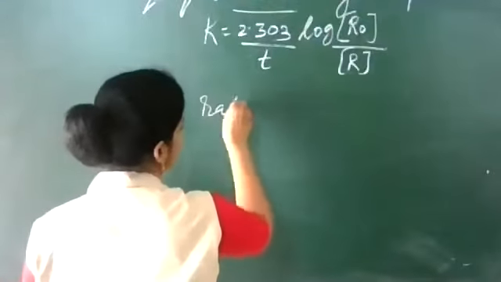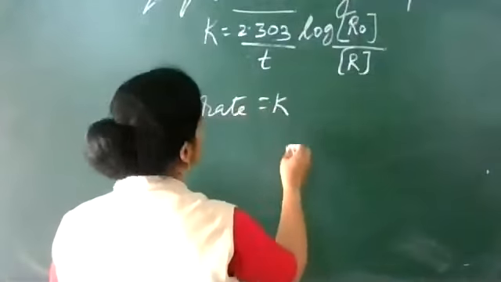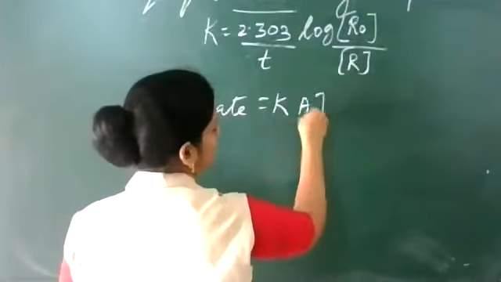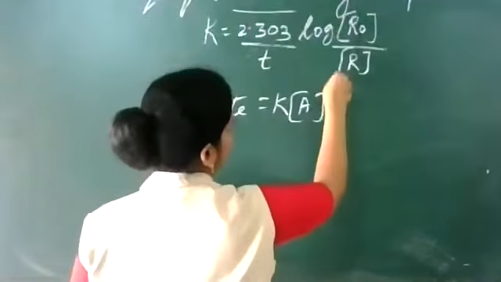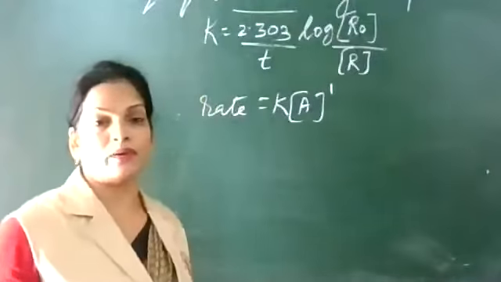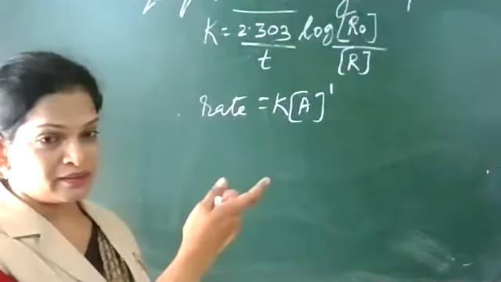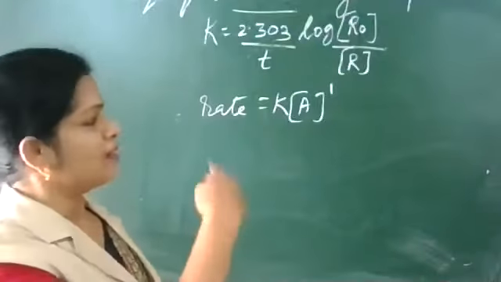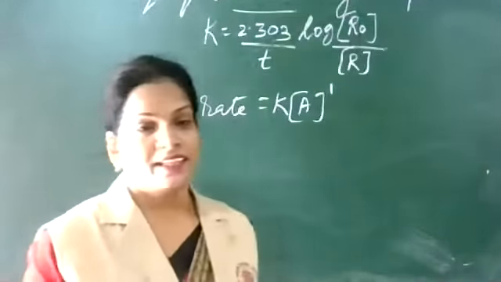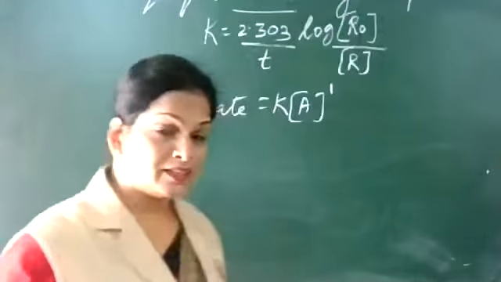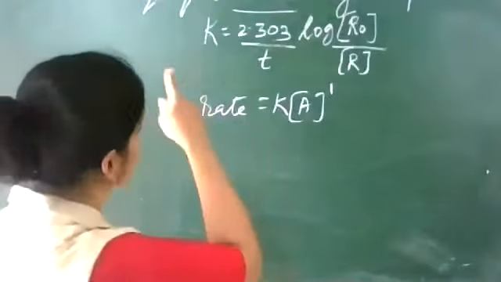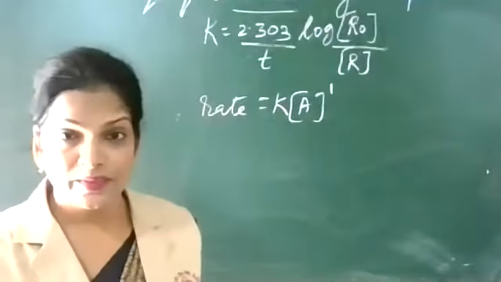Rate is equal to K into A to the power 1. Even if some other reactant is there, it could be 0 only, because it is an equation for first order.